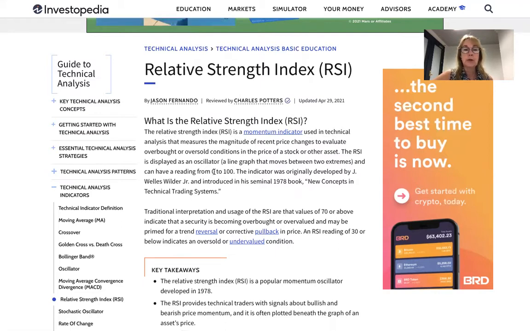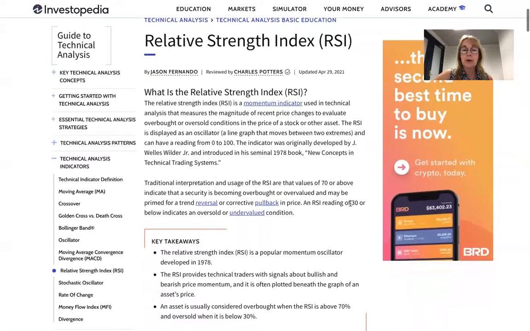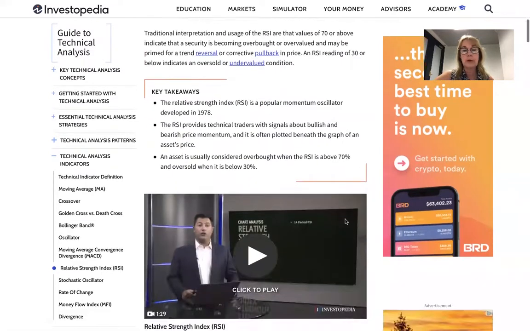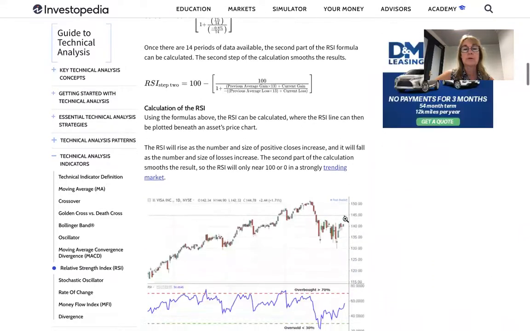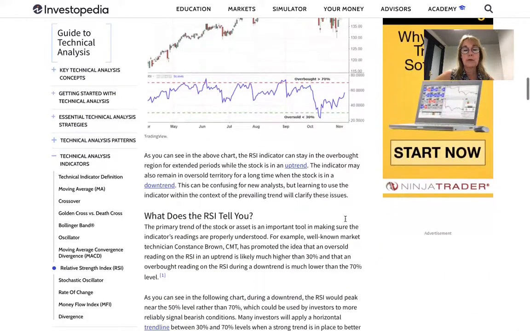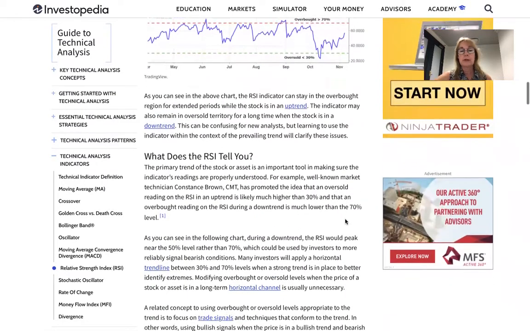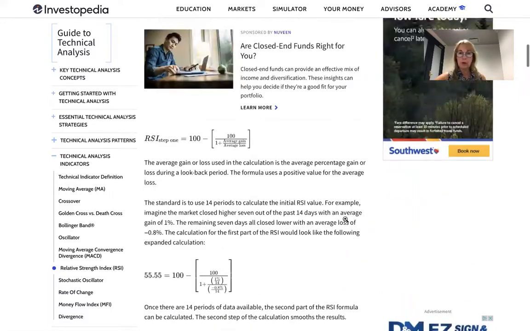The RSI, the relative strength indicator, ranges from 0 to 100. 50 is neutral. If you have a reading of 30 or below, that's telling us that the stock may be undervalued. If you have a reading of, some people say 70, some people say 80, but 70 or above is considered to be overvalued.